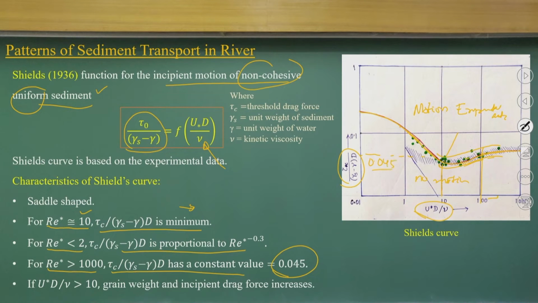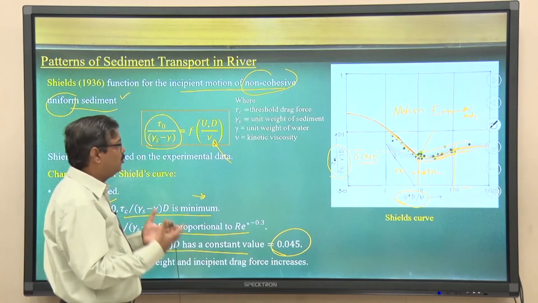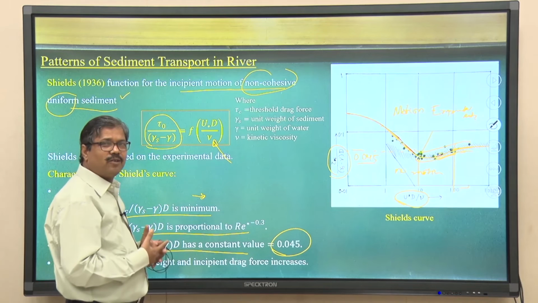So, many times we say incipient motion is independent of the particle Reynolds number.